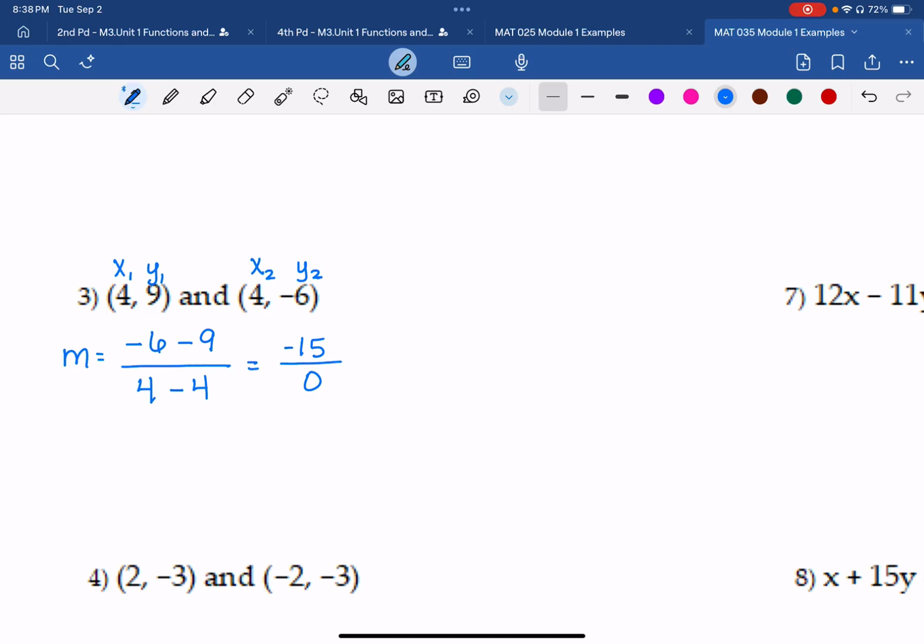That is not okay. Can't divide by 0. That's a no-no. So what this tells us, when we have 0 in our denominator, meaning our x's are the same, is that this is undefined. That means we have an undefined slope.